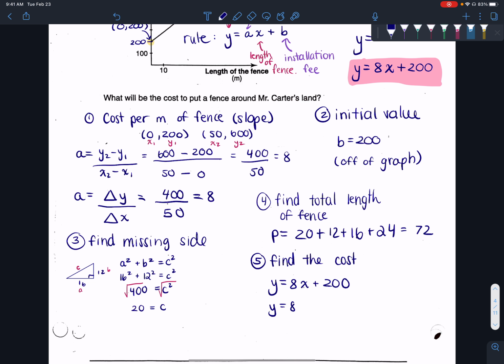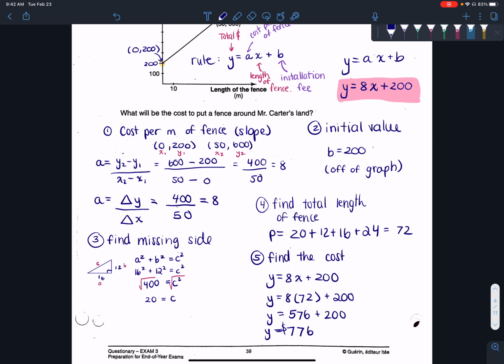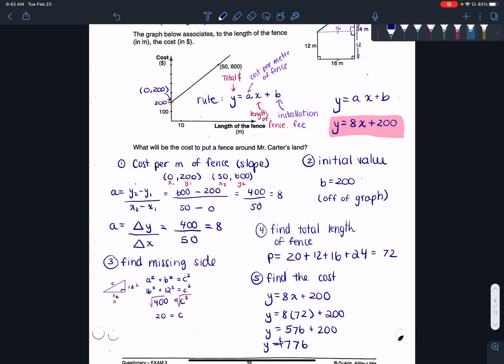Now we know that x is 72 for Mr. Carter's fence. I have 576 plus 200. We get $776. And that's how much it would cost to put a fence around the land.